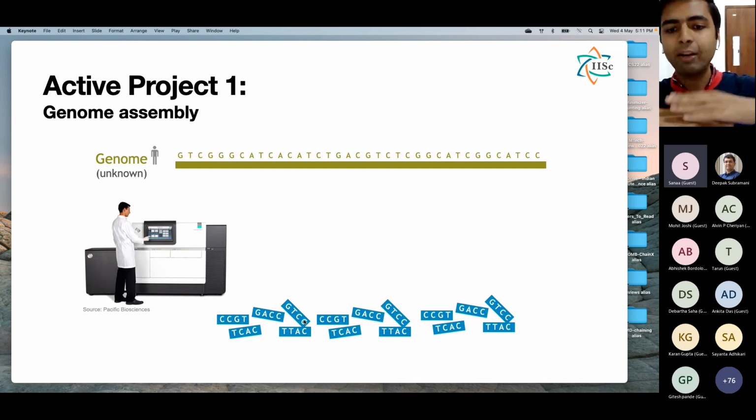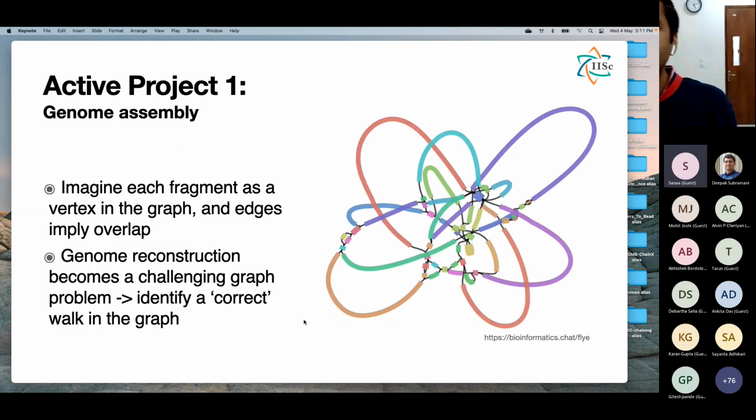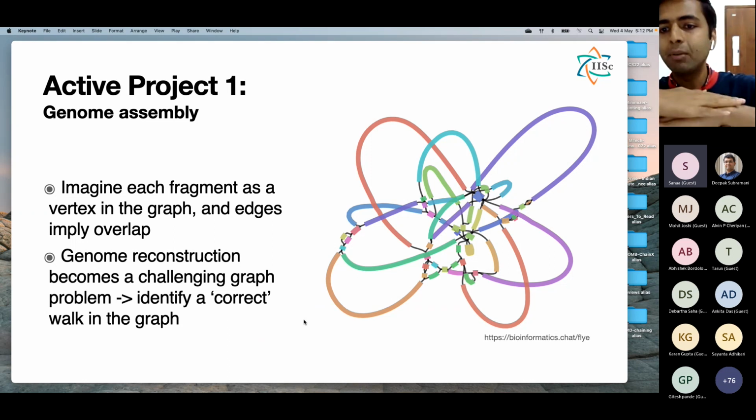If two fragments have overlaps, maybe you want to join one fragment to the second based on the overlap information, to form a single string. So this gives rise to an interesting graph problem where if you think of each fragment as a vertex in the graph, then an edge indicates the overlap between two fragments.